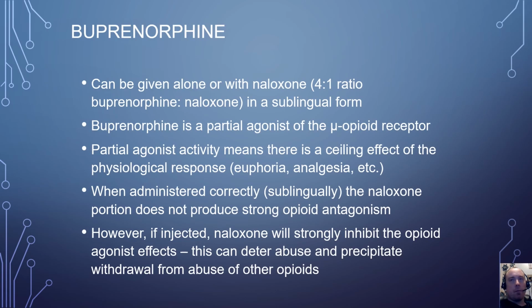And this is kind of an interesting rationale and mechanism, because you might be tempted to think, as I was, that buprenorphine being a partial agonist, so it's not as strong as some of the other opioids, being combined with naloxone, would seem to make no sense and be futile, because the naloxone you would think would inhibit the activity of the buprenorphine, and then what is the purpose of giving it, period? And I'm going to kind of demystify that, I hope, here by explaining that rationale. So buprenorphine, like I said, is a partial agonist of the mu opioid receptor.